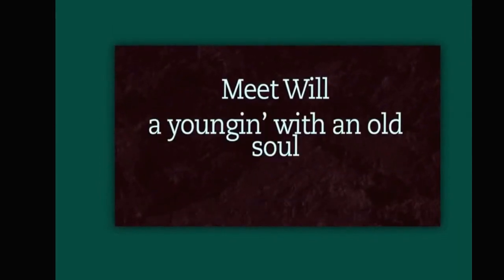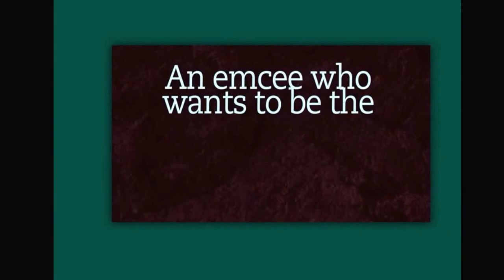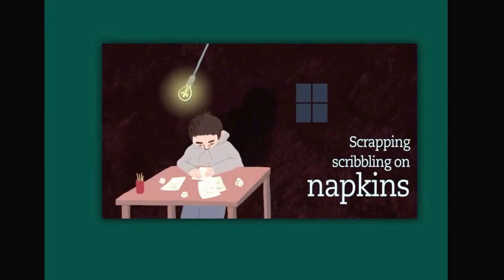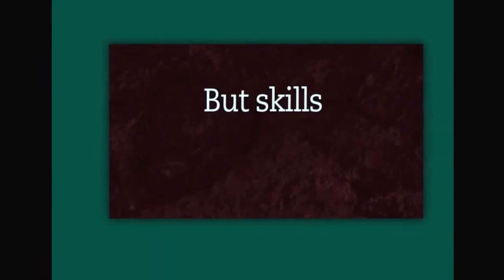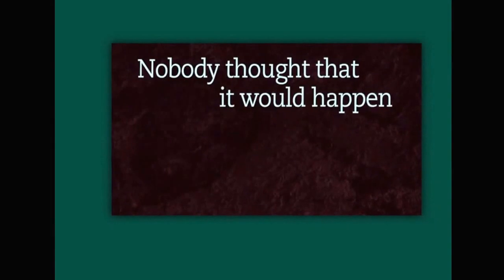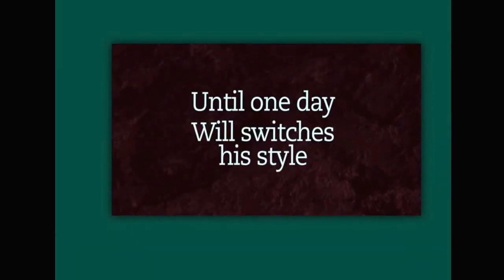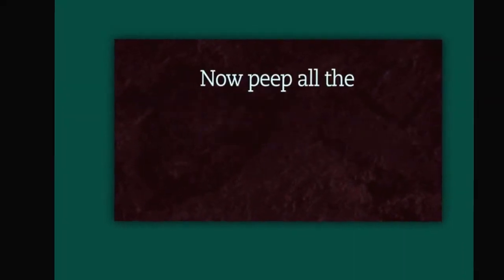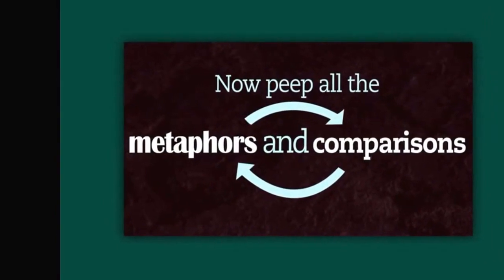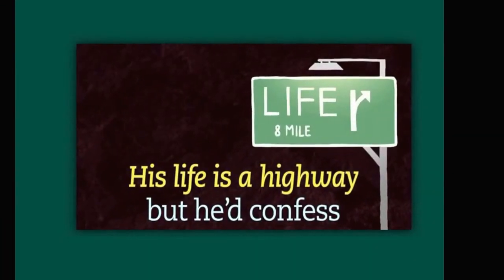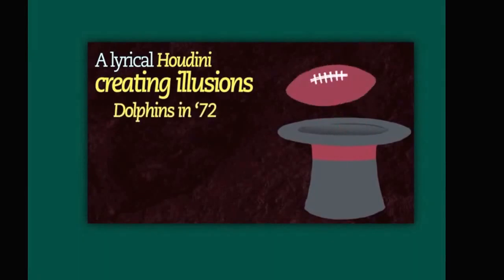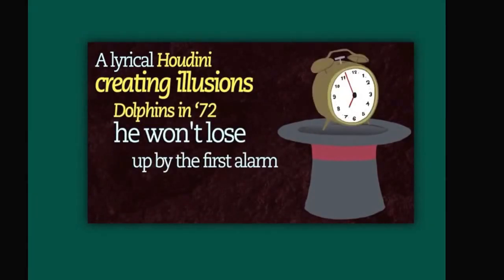Meet Will, a youngin' with an old soul, an MC who wants to be the next to blow. Imagine he's in a dark room in Manhattan, scrapping, scribbling on napkins, trying to make a living off rapping, but skills he lacked them. Nobody thought that it would happen until one day Will switches his style, gets deep in his wordplay, gets witty and wild. He used to sound so embarrassing, now peep all the metaphors and comparisons. His life is a highway, but he confessed he has a plan but needs a GPS. He's using references and illusions, a lyrical Houdini, creating illusions. Dolphins in 72, he won't lose. Up by the first alarm, he's not snoozing.